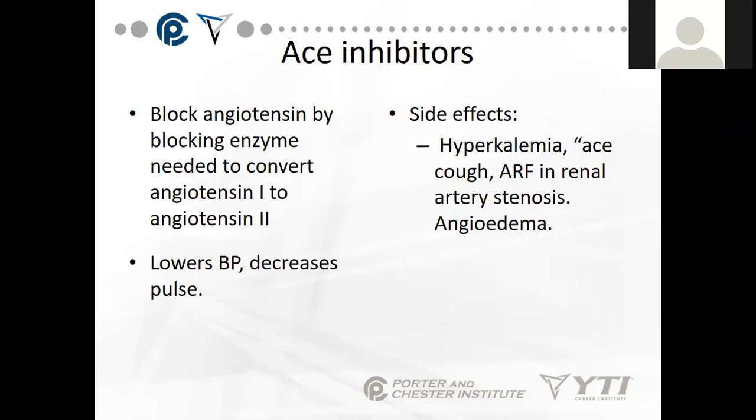Then you have your calcium channel blockers. They work by relaxing the smooth muscles in the coronary and systemic arteries, and it's going to lead to decreased peripheral resistance, which means less pushing and pressure, and it's going to help lower the blood pressure. Okay.